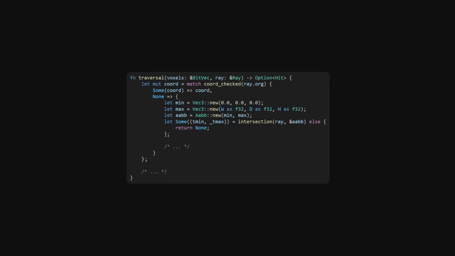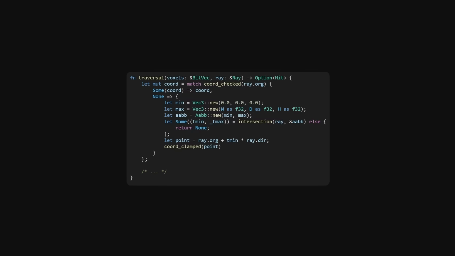If we don't hit the bounding box, we know that we won't hit a single voxel in the grid either, so we can return early. Otherwise, we use the first t value with the ray definition to calculate the point of entry. Since this point has the chance of being slightly outside of the grid due to floating point errors, we'll need to use the clamping version when we get the corresponding voxel coordinate.